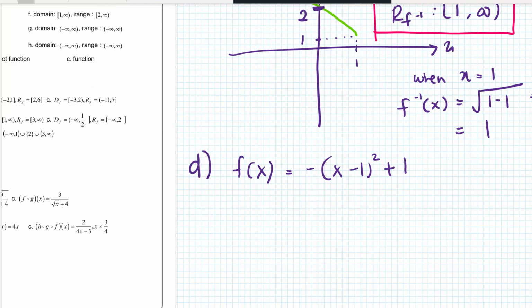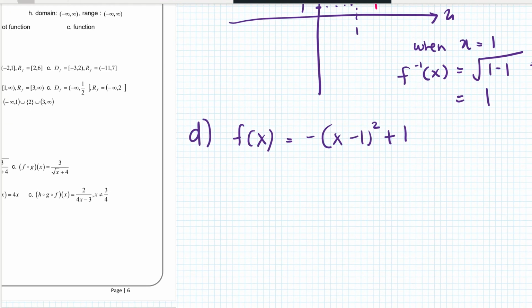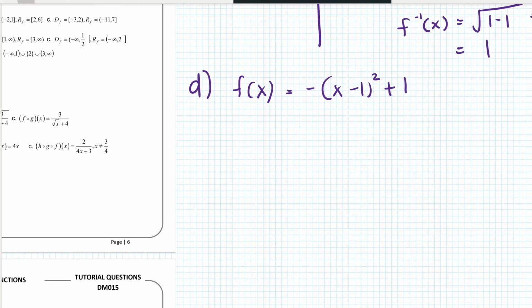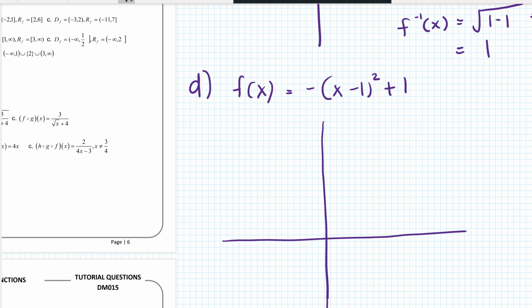We can work from our completing the square because it is easier for us to draw the graph.